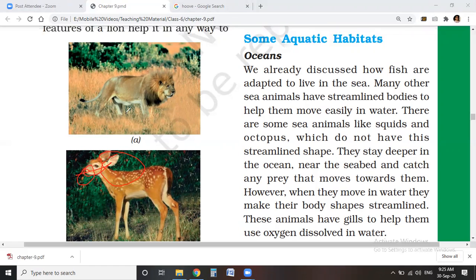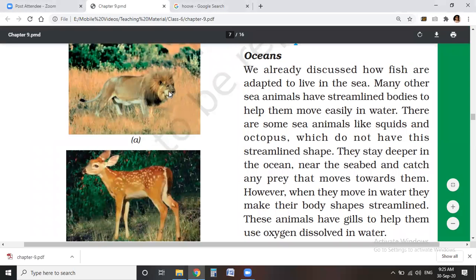But when we talk about the lion, it is also adapted because it has eyes on the front, and it has strong claws in the front legs.